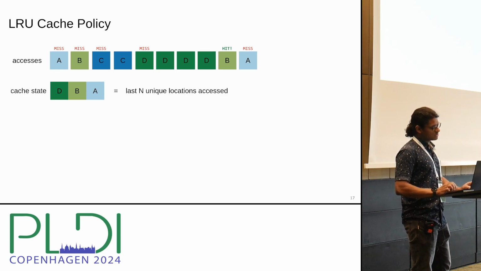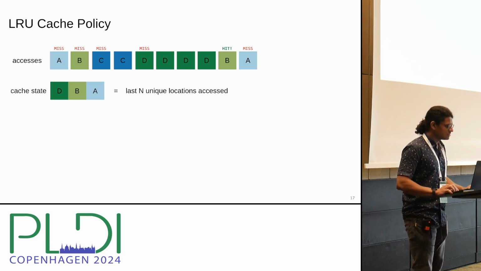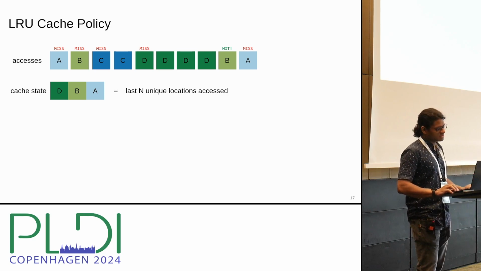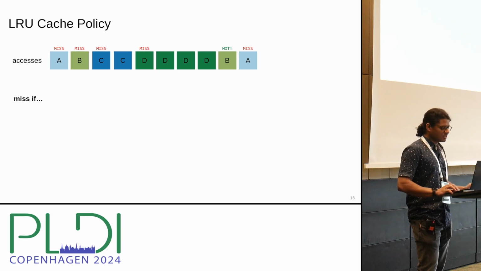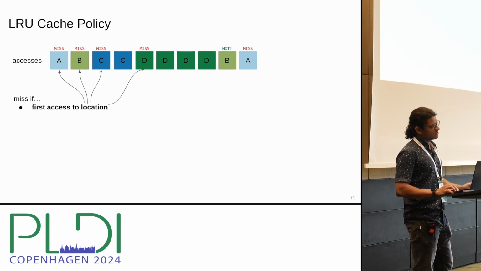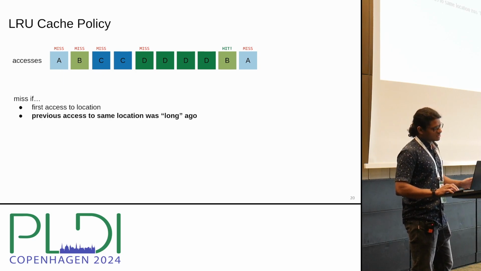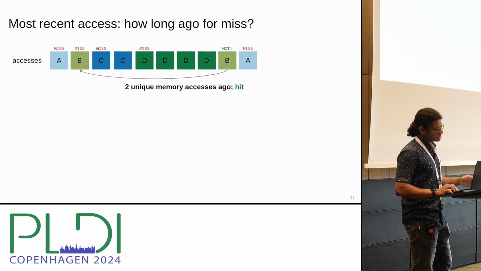So the elements that are in the cache are always the last n unique locations that you accessed, and here the size of the cache is 3. And a miss occurs in exactly one of two scenarios. One is if you access something for the first time, so that's called a compulsory miss. And the other is if you did access it earlier, but the last time was a long time ago.